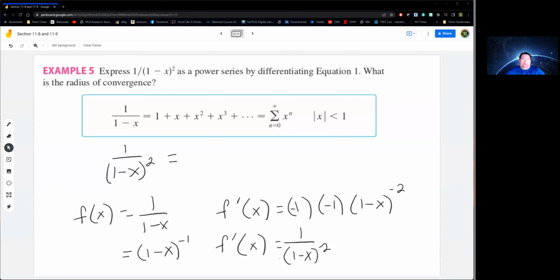So I did the derivative of this side over here. Now I have to do the derivative of the other side. That's going to be n x to the n minus 1, if I did that as a derivative.